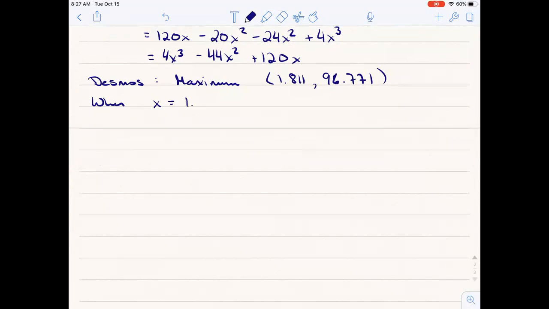When x is 1.811, the volume is maximized to 96.771. I guess we should put on inches. Yep. And inches cubed, right?